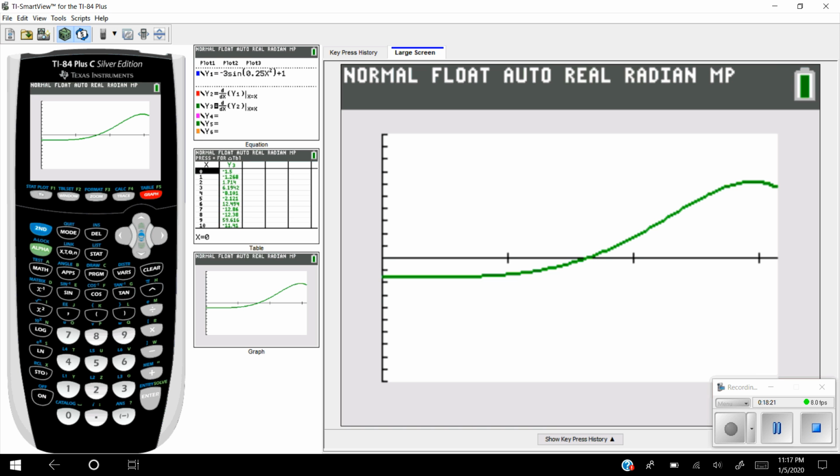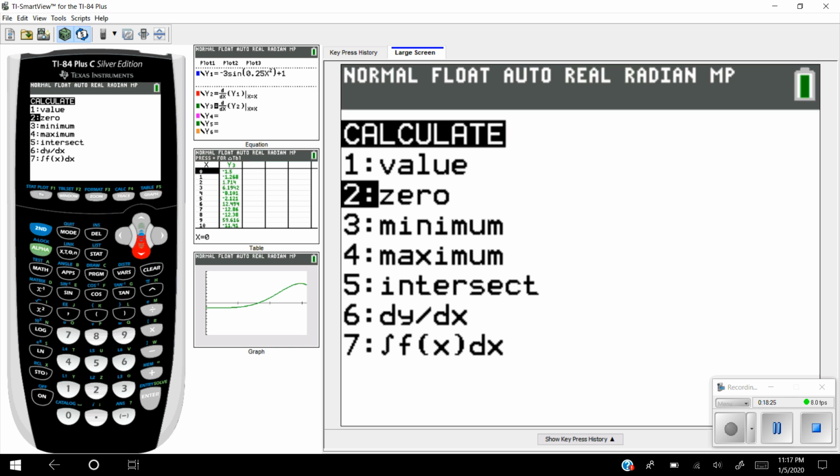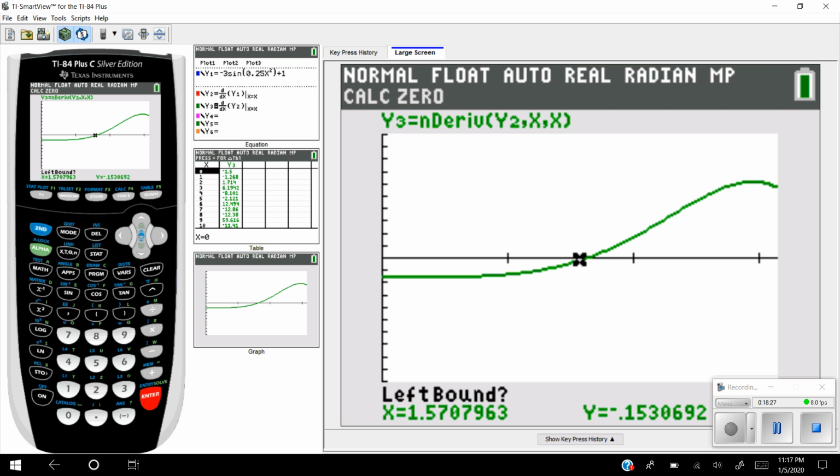Alright, so second, calculate 0. Again, I'm just going to type in, well, this one wouldn't be too bad, just to shift left and right. There's left. There's right.